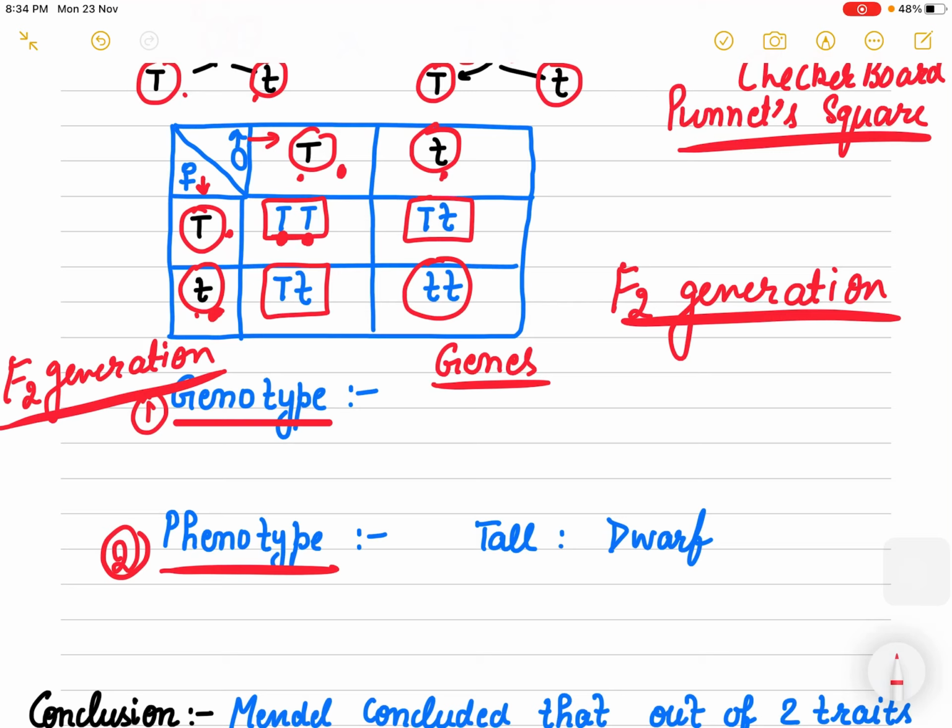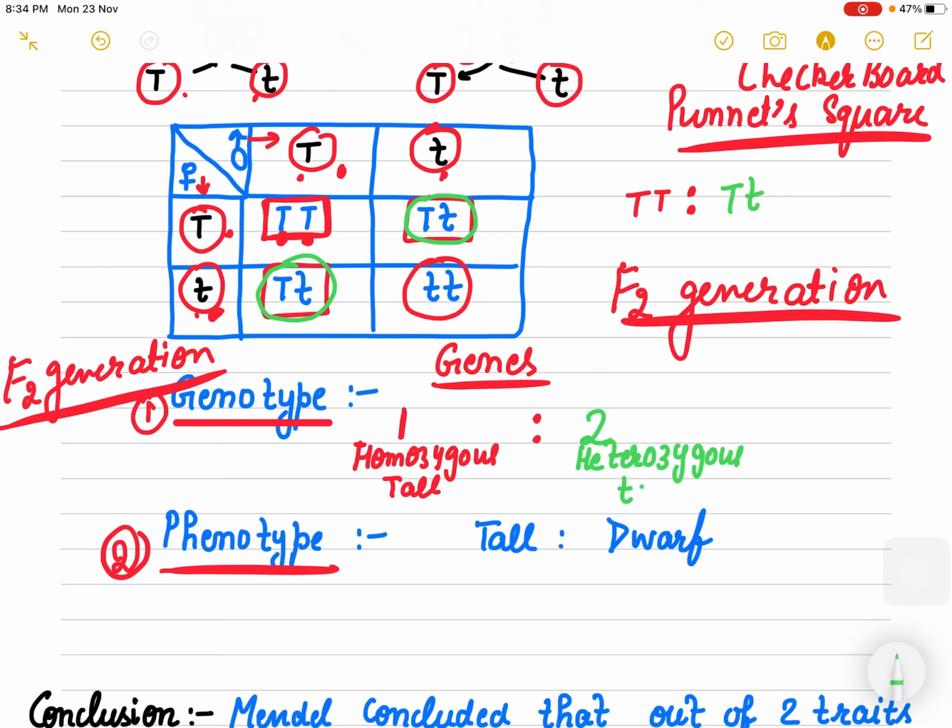If we look at this checkerboard, how many capital T T are present? Only one. It means only one is homozygous tall, genetically. How many can you see on this board which are capital T small t? I can see 2. These are 2, so we will write 2 here. What will you call them?